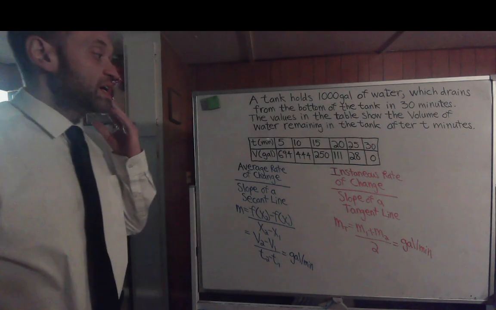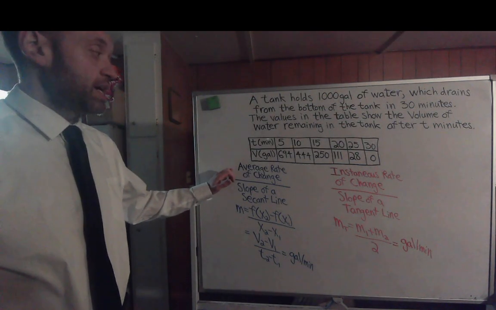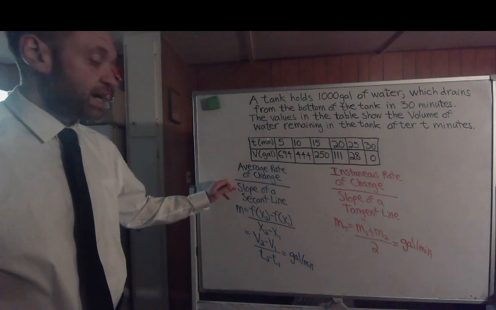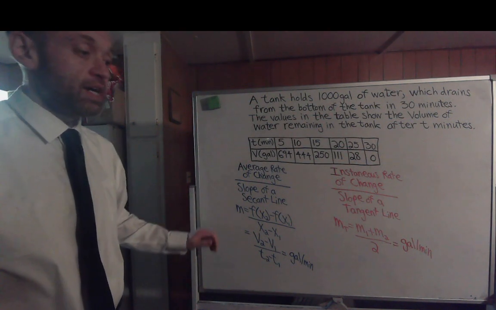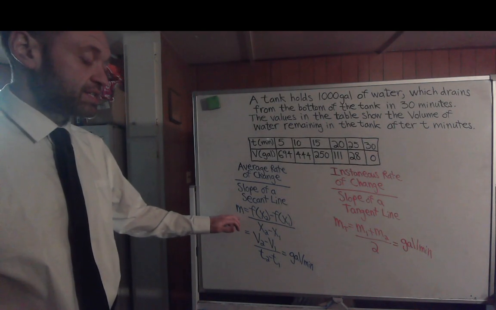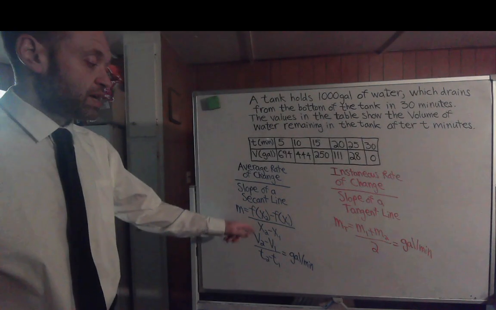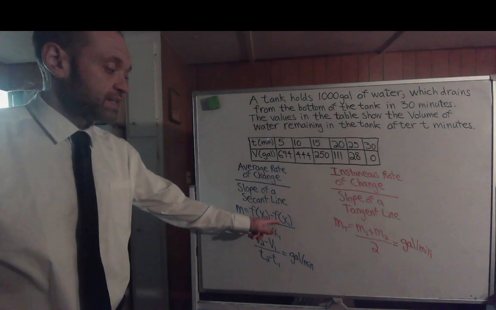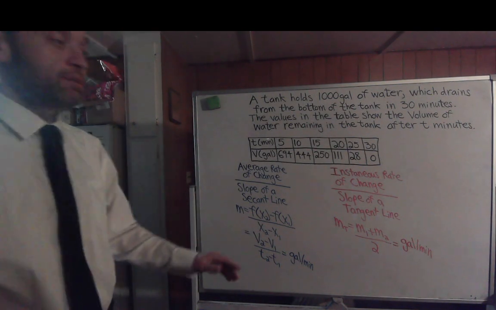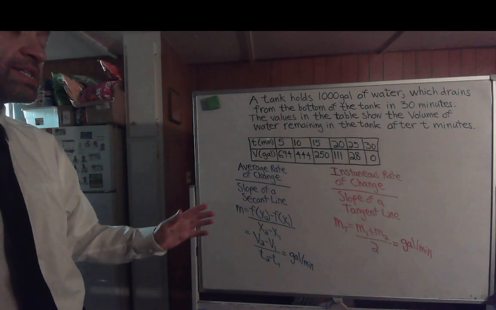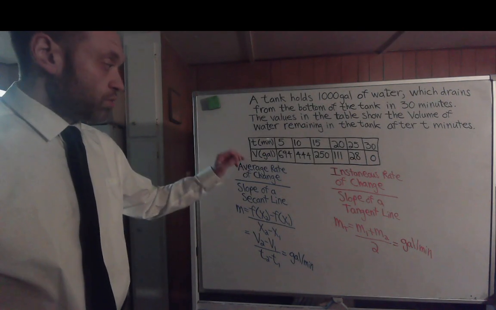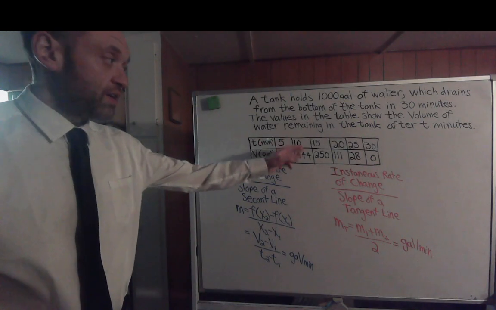You can find what's called an average rate of change between two times by applying the idea of the slope of a secant line. If we recall from yesterday's lesson, the slope of a secant line simply equals f of x sub 2 minus f of x sub 1, divided by x sub 2 minus x sub 1. If we apply that to this particular problem, the table gives us these various values.